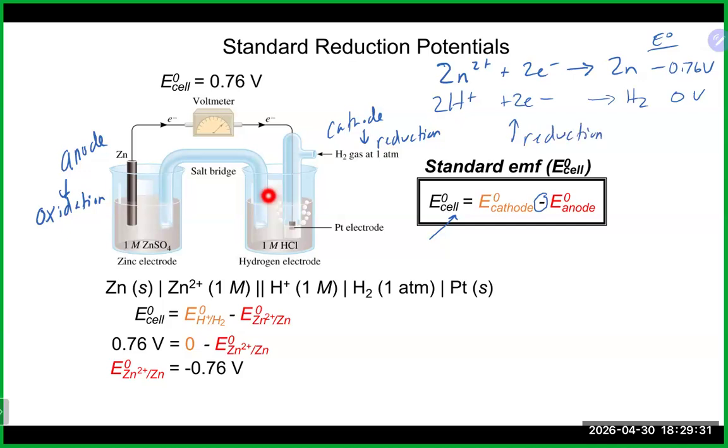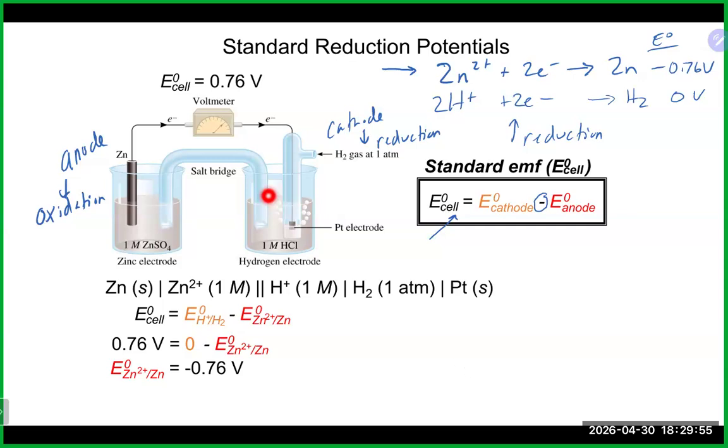So they are perfectly fine. They are not written as oxidation reactions, which means, technically speaking, if my zinc is my oxidation reaction, which it is in this case, this reaction right here, how it's written in that table, is actually incorrect. It is not an oxidation reaction, it is a reduction reaction.